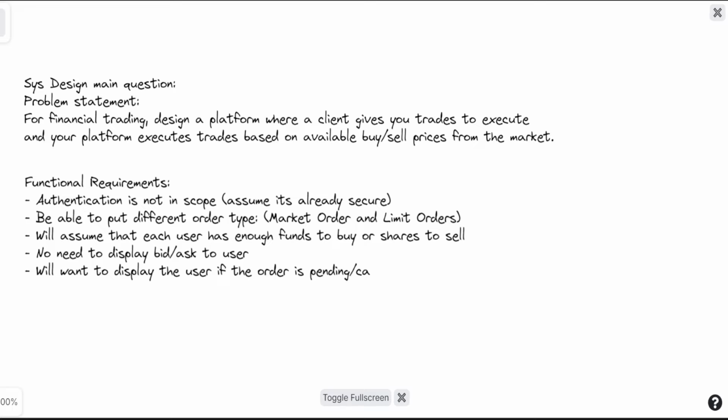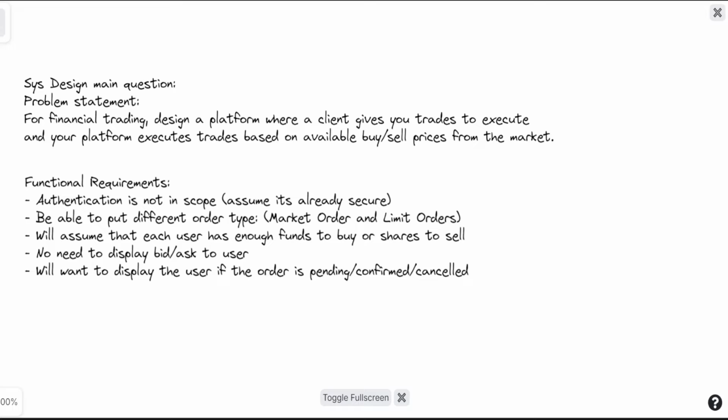So either pending, confirmed, or canceled. Okay. I think I have enough of the functional requirements. Pretty much the interesting part will be the market order and the limit order, I assume. And we also assume that the user does not need to search.